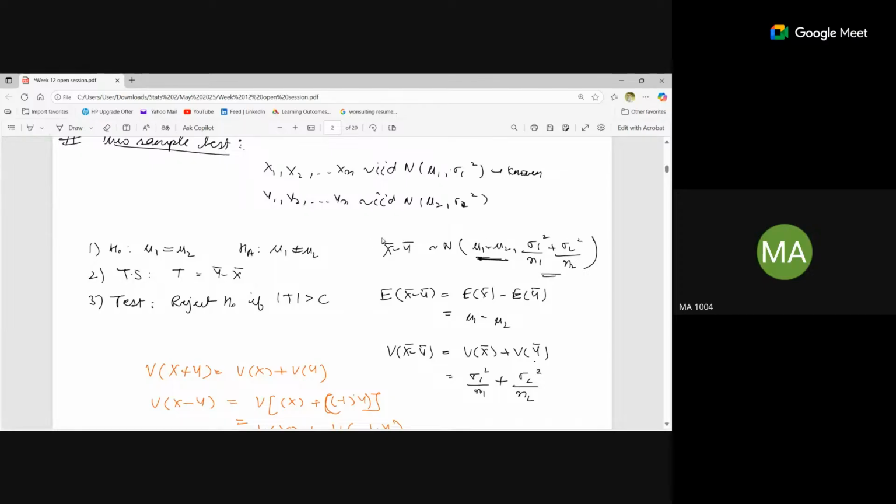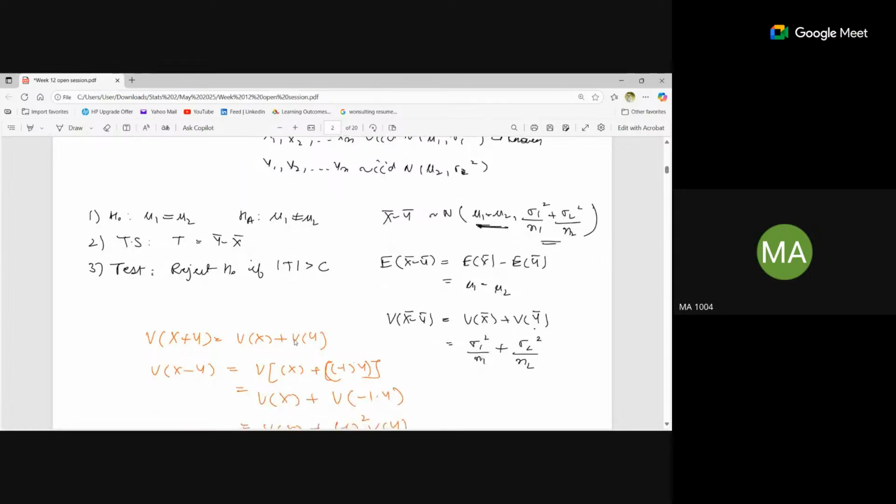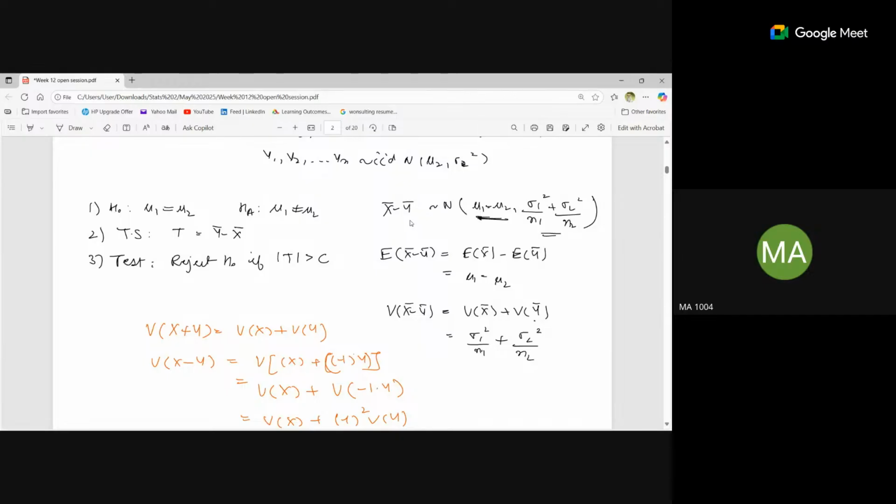Is this thing clear? Ma'am, are n1 and n2 equal? No, they are different. Okay. So this distribution of x bar minus y bar is clear. Yes or no?